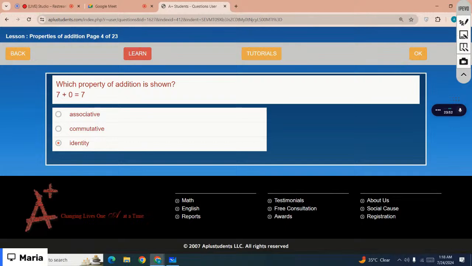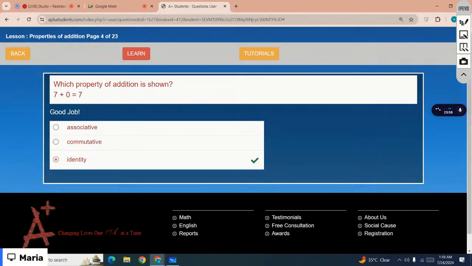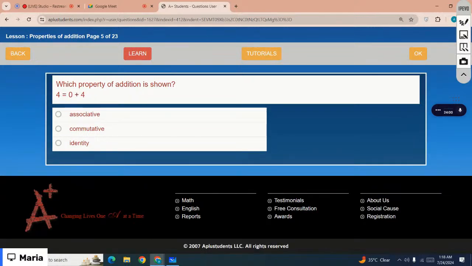Identity means when you add 0 to any number, the number stays the same. That is identity. Which property of addition is shown? 4 plus 0 equals 4. So which is the correct option?